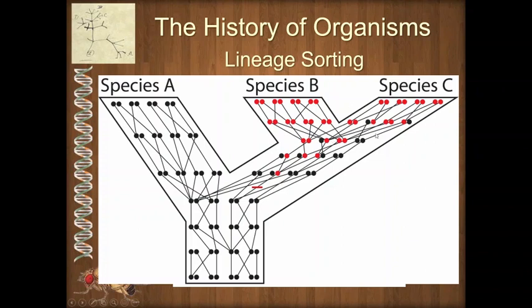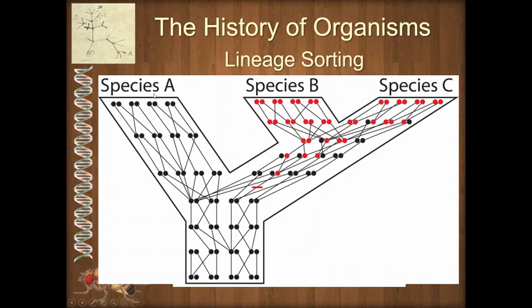Now, what would happen if in this time period when they speciate, there's diversity? This one carries some black and red, and eventually red becomes fixed. This one carries some black and red, but then maybe due to a change in the environment and a switch in natural selection, or again, sometimes genetic drift and random chance, what if we fixed the black allele instead of the red allele? If that occurred, then this species C would have only the black allele, dating back to these guys, maybe a few mutations here and there, but still that functional black allele.